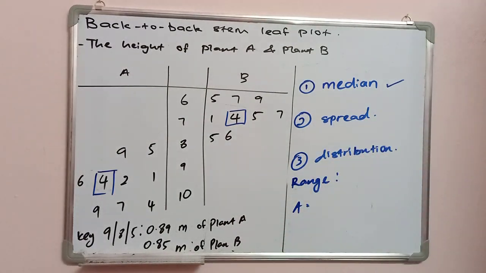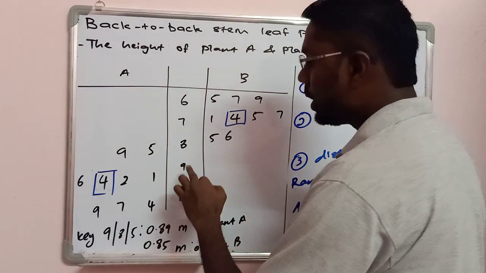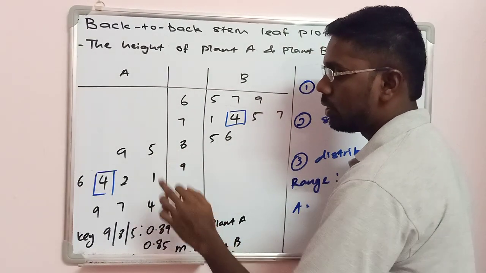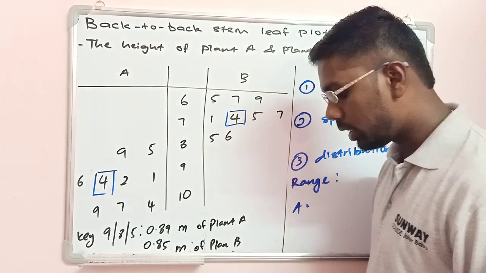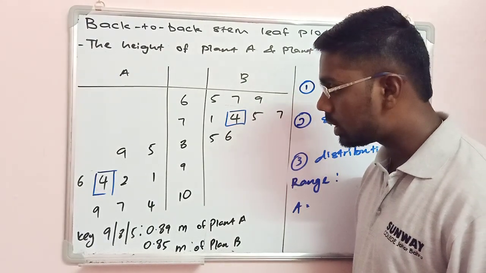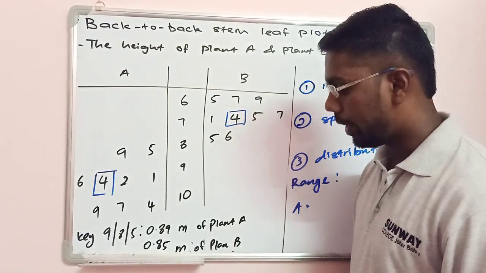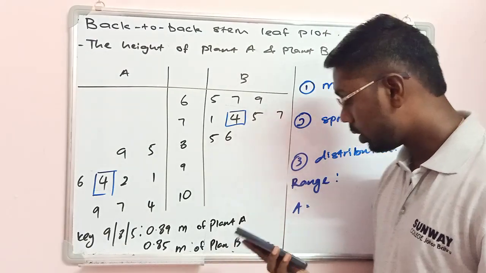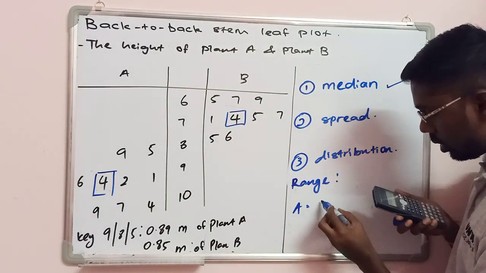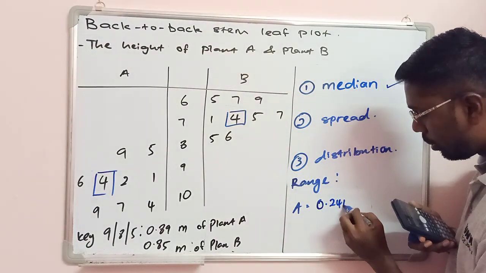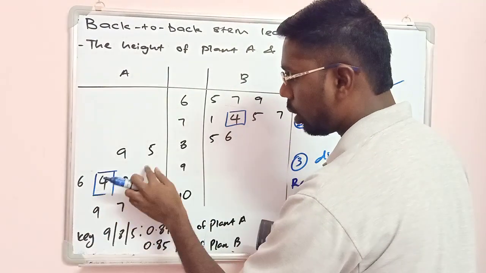Okay. And then the lower value here is 8 stroke 5. So what we're going to do is find the range. So 1.09 minus 0.85. So the range here is 0.24 meter, the highest number minus the lowest number.